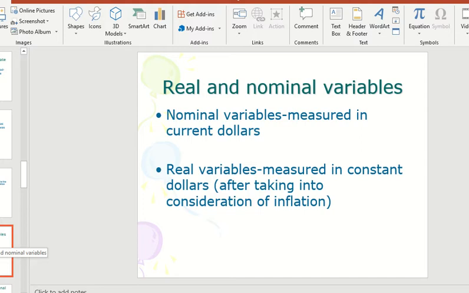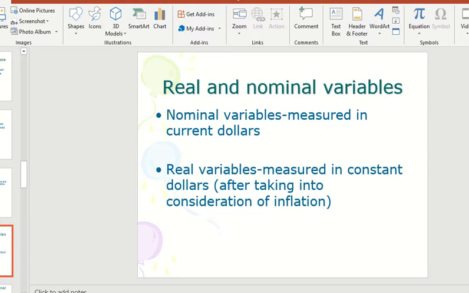Nominal variables are measured in current dollars. So if we're talking about a certain amount of money in 2017, then it is measured using the price level of 2017. Okay? Real variables, however, are measured in constant dollars or constant prices.